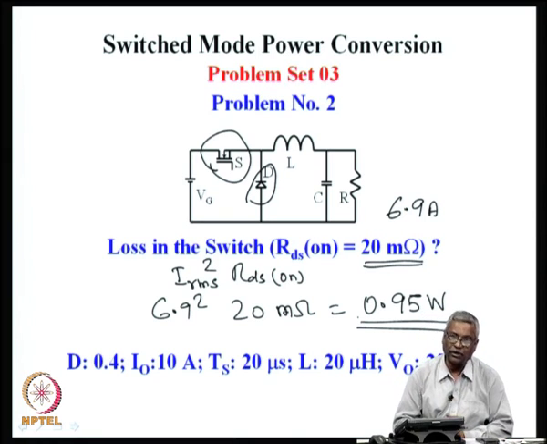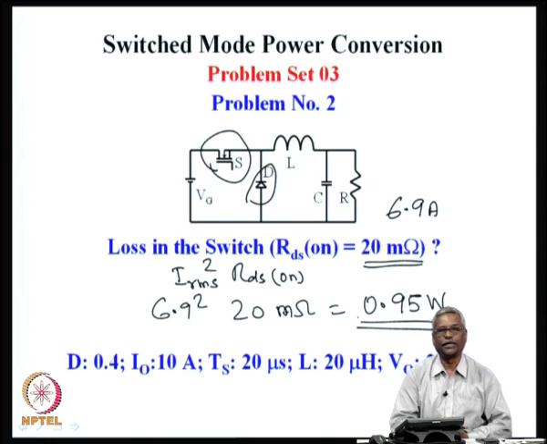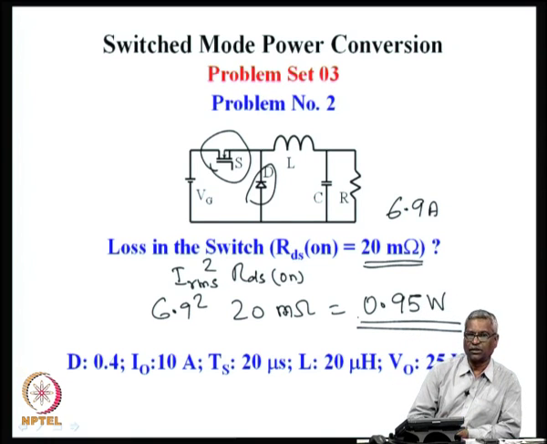In this example, considering everything to be ideal, we find out the ripple current, then we find out the current through the switch, and the switch has a non-ideality which is the on-state resistance. By knowing the RMS current of the switch, we have found out the total power loss in the switch on an average.